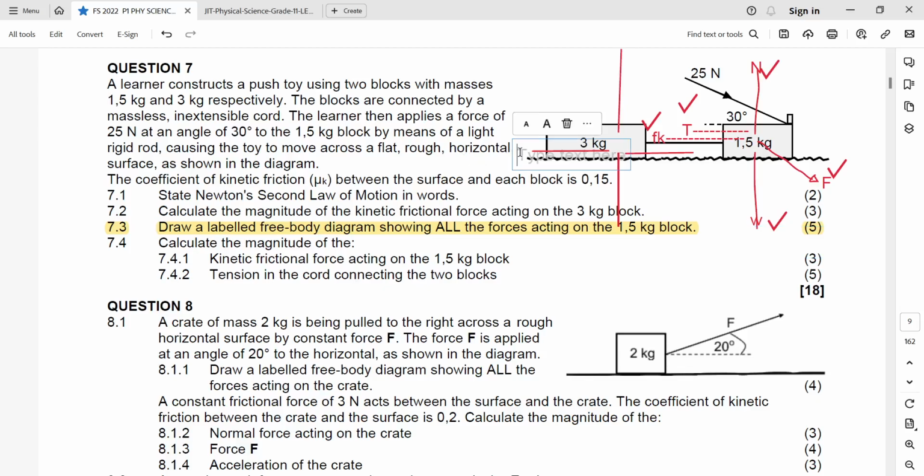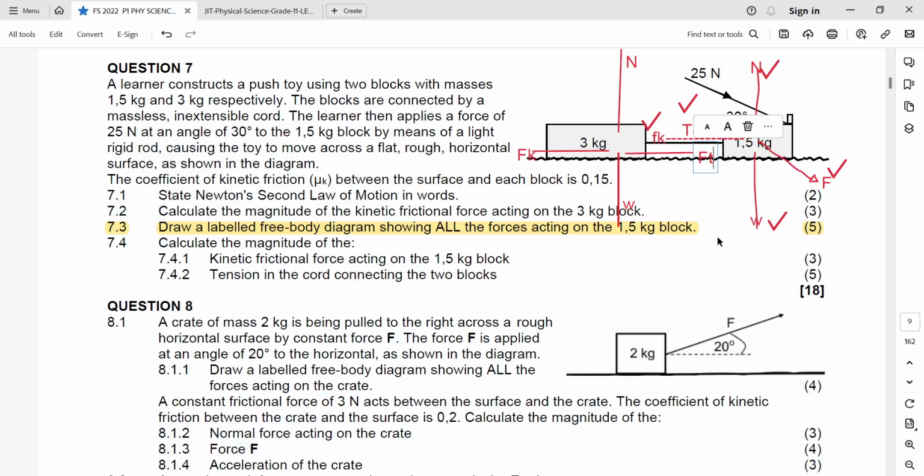Okay, now let's see. Let's label Fk, and then normal force, the weight. And then someone can put force and you'll get it wrong, unless you put FT. And if your teacher for physical sciences is clever enough, they will know what FT is.